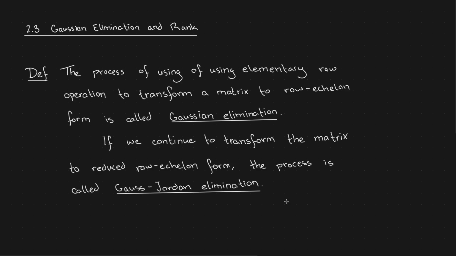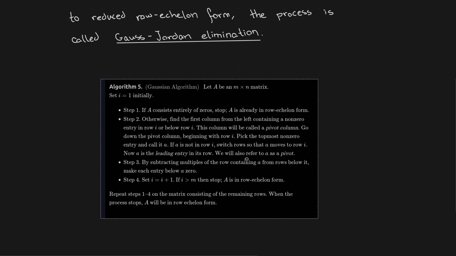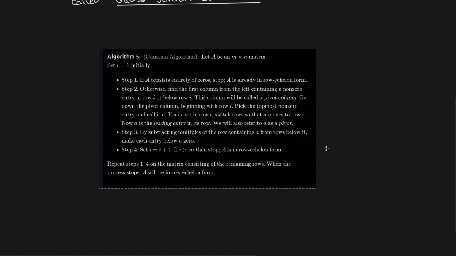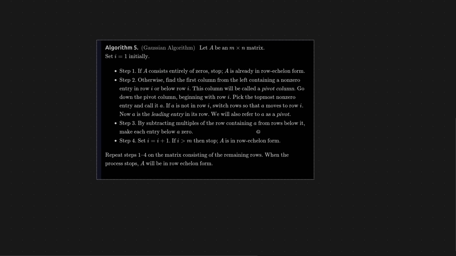Now, there's a very important property about Gaussian elimination and Gauss-Jordan elimination. And that is, we can write an algorithm that tells us how to perform Gaussian elimination and how to perform Gauss-Jordan elimination. Now, an algorithm is just a set of instructions.